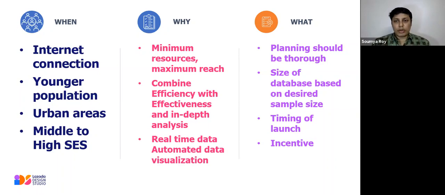So you have to be very thorough, check everything thoroughly, and only then go for launch. Second is the size of the database, because for face-to-face interviews, even over there are refusals, but the rate of refusals is much lower. Whereas for online research, the person can simply ignore the link.